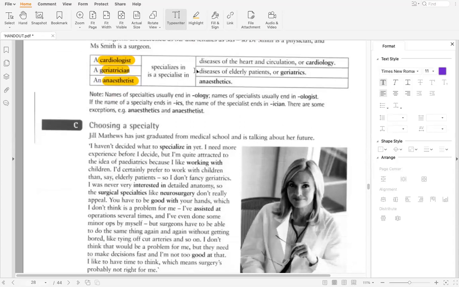This part is related to what we have taken in the first lecture, the prefix, root, and suffix. We have cardiologist. What is the meaning of cardiologist? We have taken that cardio means heart, and ologist means specialist.